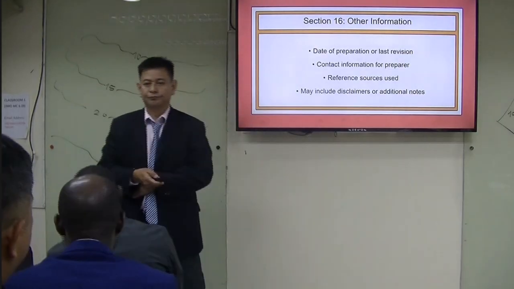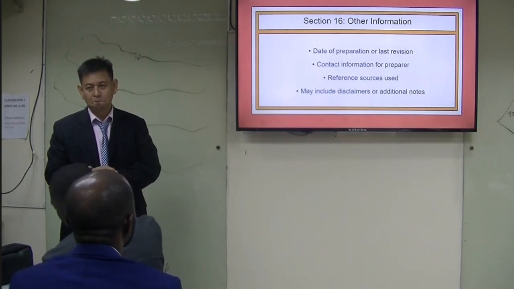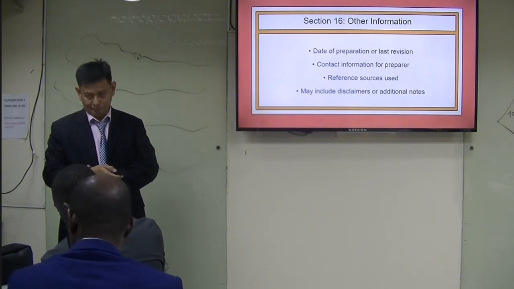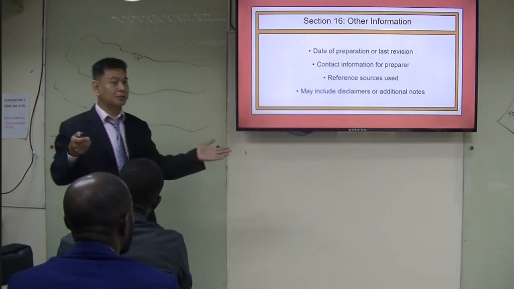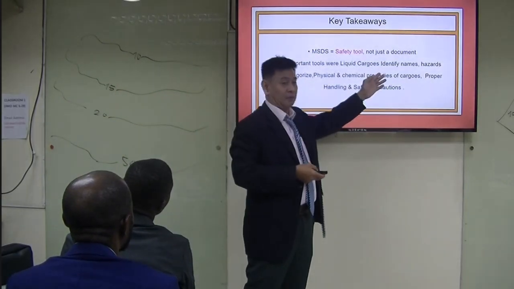From its name, you can already define material safety data sheet. It means that in handling this material, you are after the safety of how to handle it. To summarize, the MSDS is not just a document.